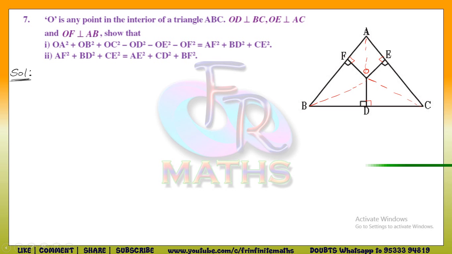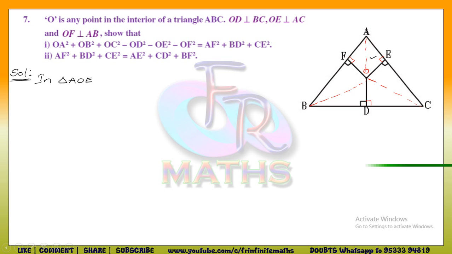What I am going to do is consider each triangle in clockwise direction, and after that I am going to do the operations that we require here, right? First of all, I am going to consider triangle AOE. I am starting with this triangle, and likewise I will move on in clockwise direction.